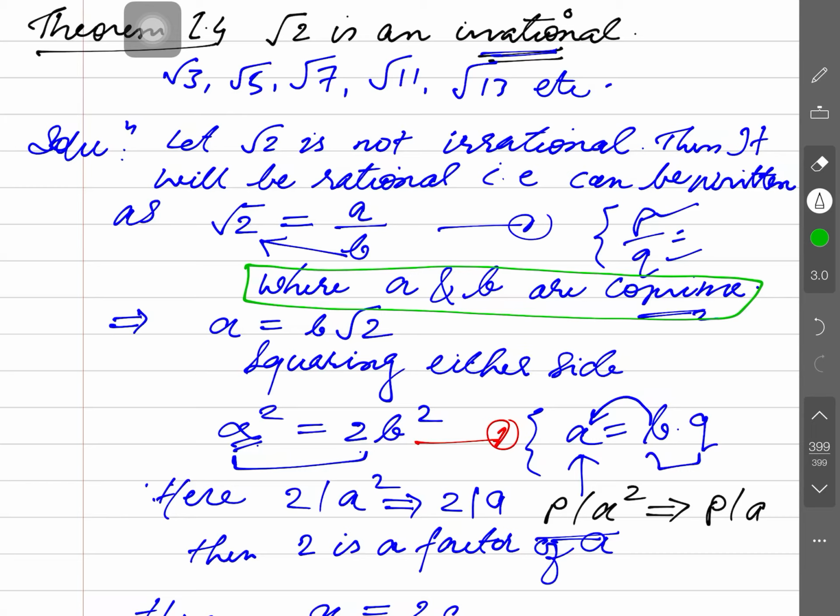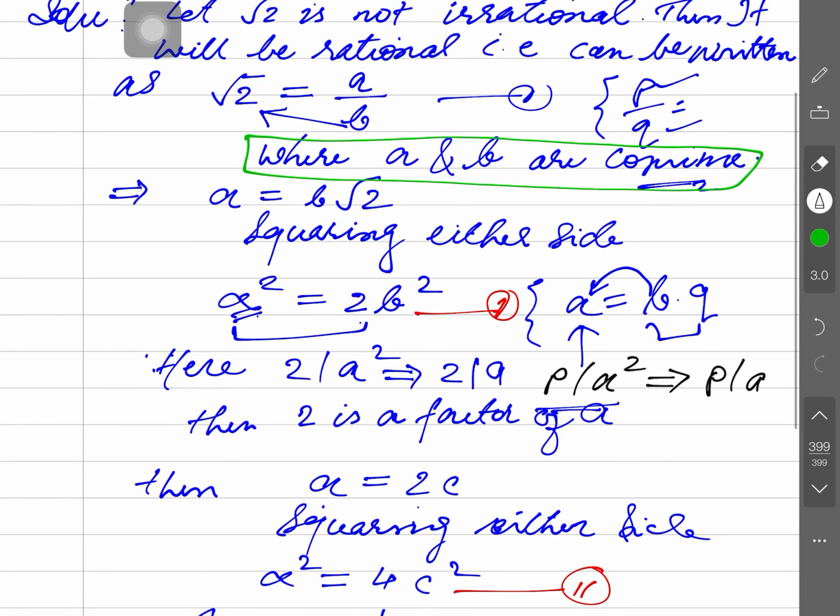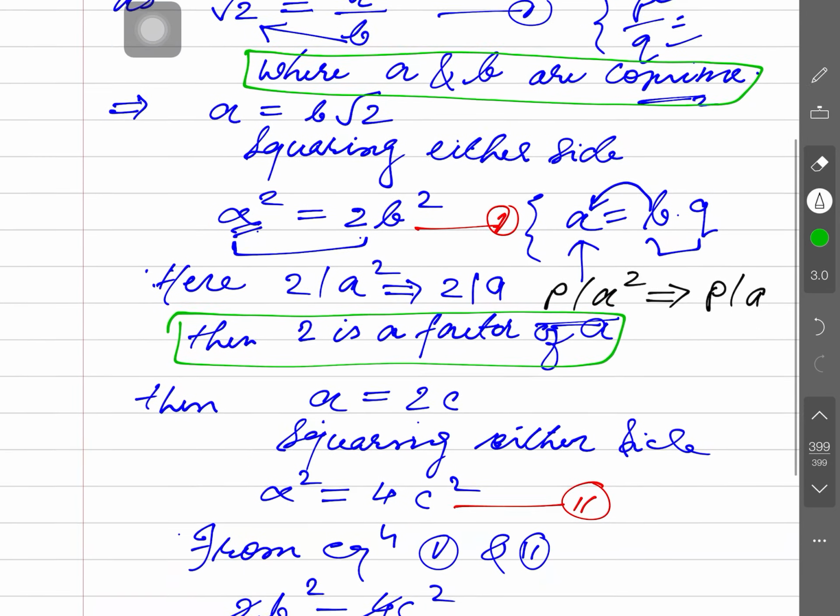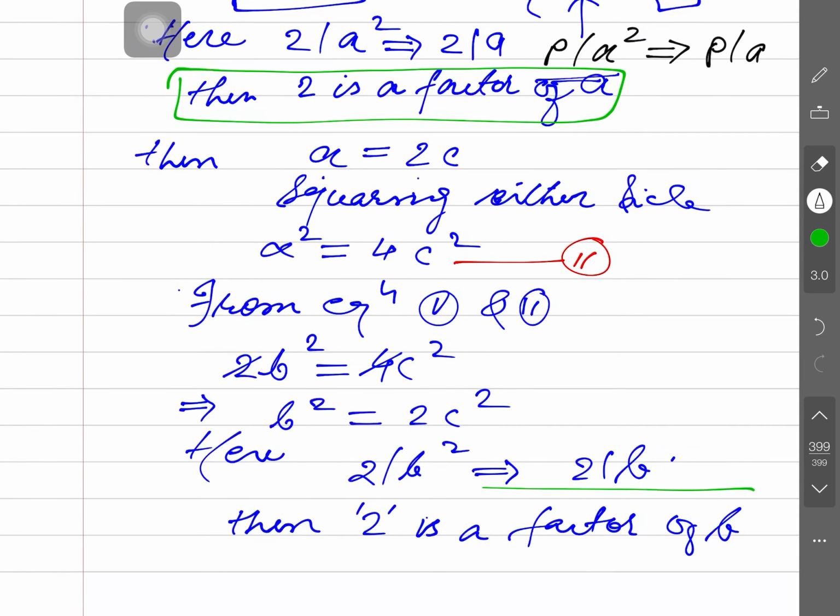You supposed that root 2 is not irrational but rational, then a and b are not having any common factor. But here you proved 2 is a factor of a. Is that clear, guys? Later also you proved 2 is a factor of b.